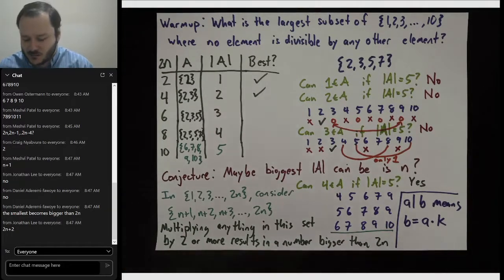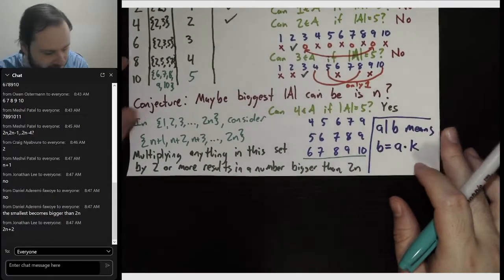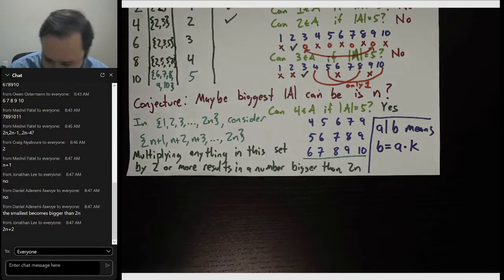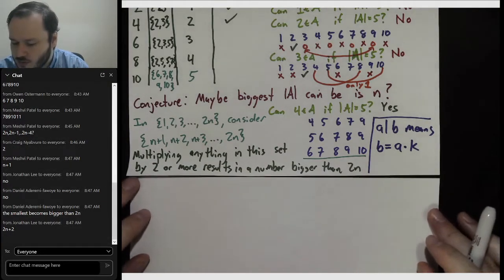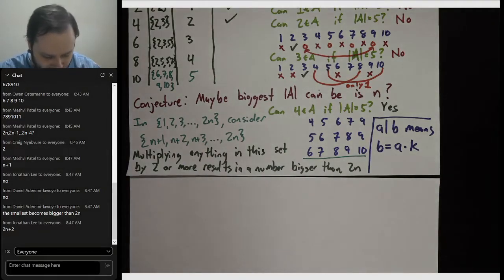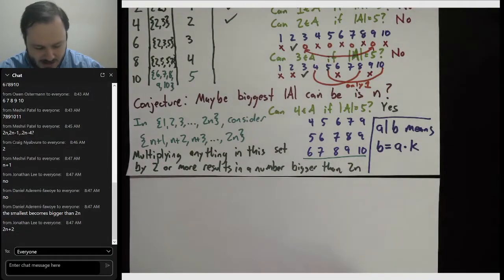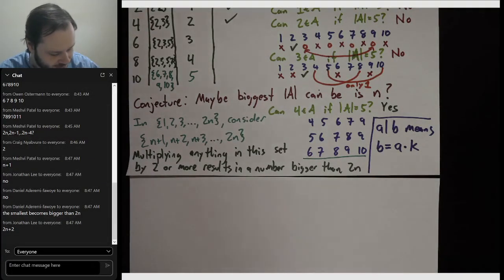And this is where we come back to the pigeonhole principle. We need to come up with a clever pigeonhole principle solution to show that n is actually the best, that our conjecture is a theorem, that this is the right answer. Here's how this works.